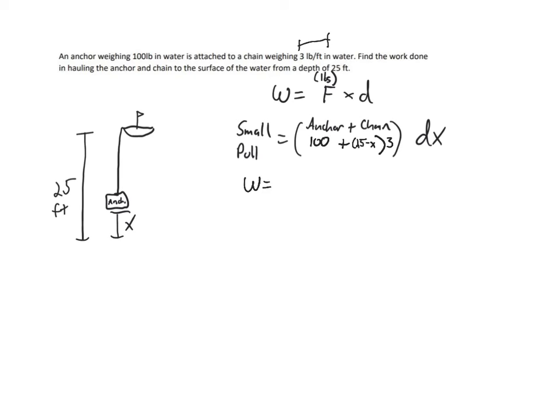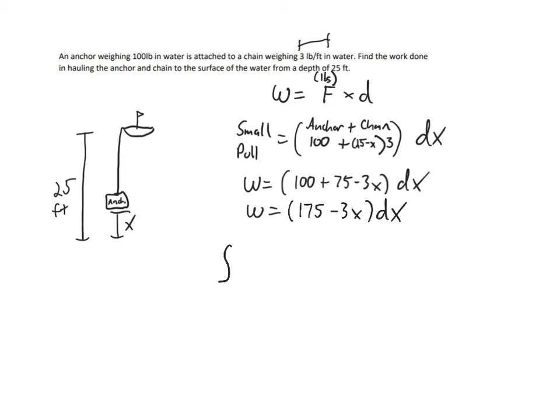So our work for a small pull is going to be 100 plus 75 minus 3x times the distance, which is just dx. Or in other words, the work for one infinitely small pull is 175 minus 3x dx.